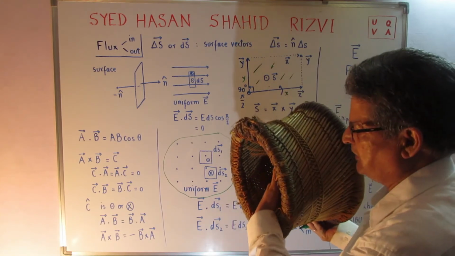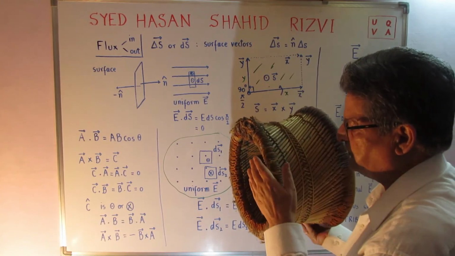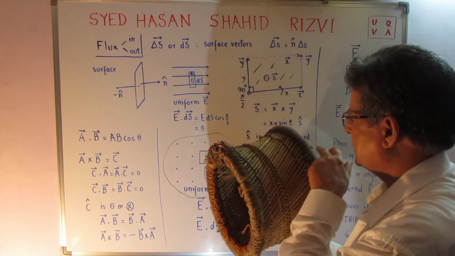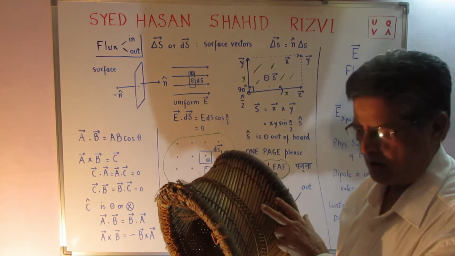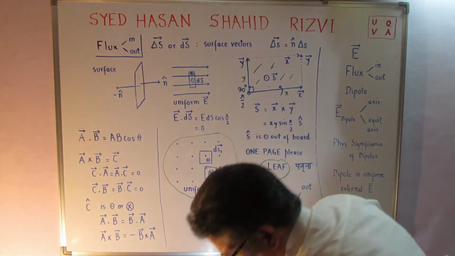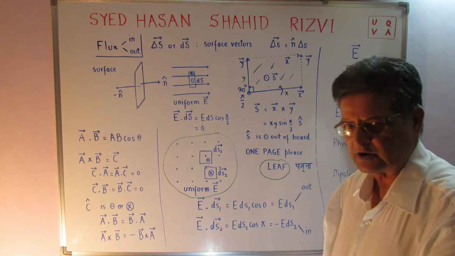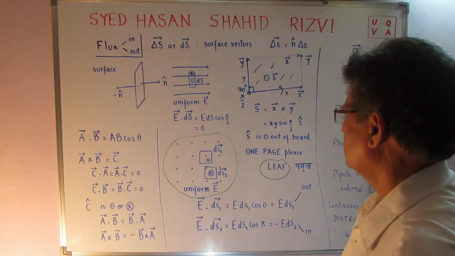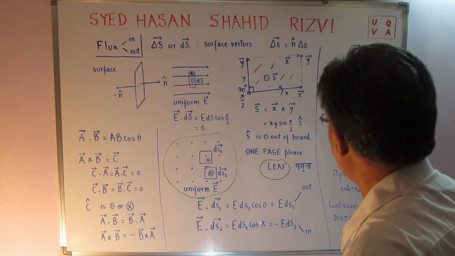So there is a flux on this side of the surface, flux in, and there is a flux out. Okay, so flux in and flux out has to be understood by you. Okay, and this is exactly what we'll do in due course of time.